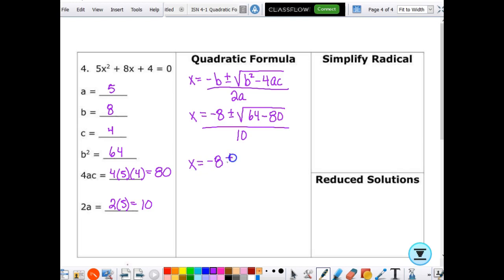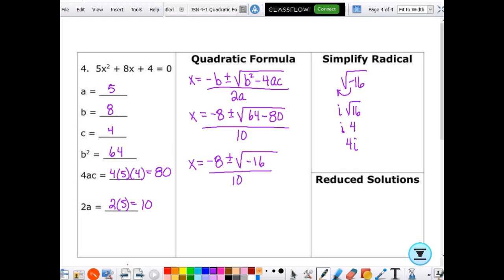Negative 8 plus or minus the square root of 64 minus 80. So take your calculator if you can't do that in your head, and you get a negative 16. So this time I have a negative underneath the square root sign, but 16 is a perfect square, right? So that negative comes out as an i. The square root of 16 is 4. And so I have 4i.